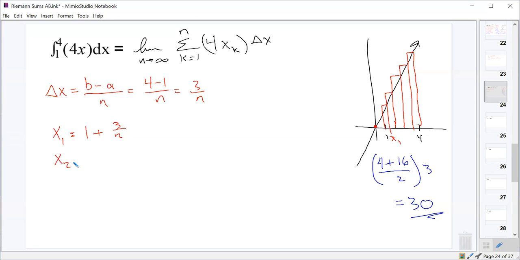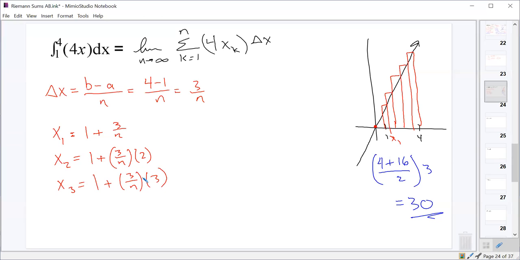What about to get to the start of the second rectangle? How far do we go from the origin? We have to go over 1 again, and then the width of 2 rectangles, which is 3 over n times 2. You probably notice this pattern is going to continue. X sub 3 will be 1 plus 3 over n times 3.